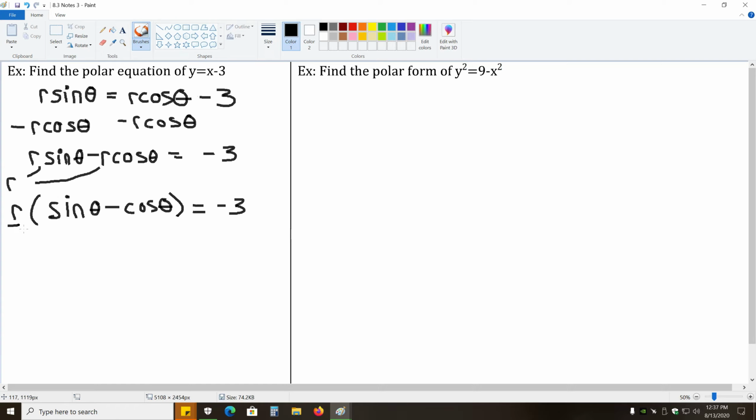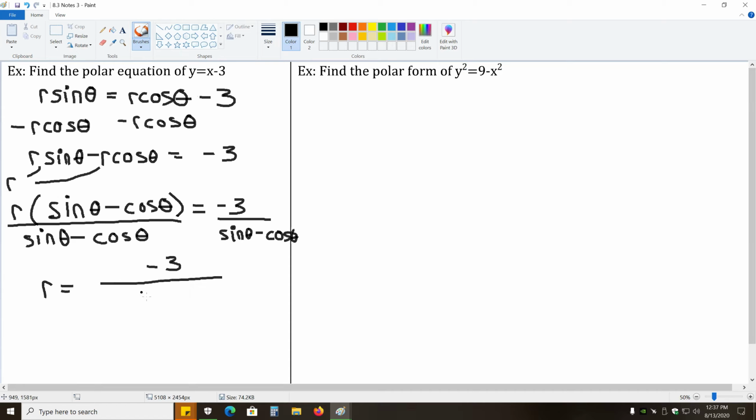And finally, we will divide each side of the equation by sine theta minus cosine theta, which gives us r equals negative 3 over sine theta minus cosine theta.